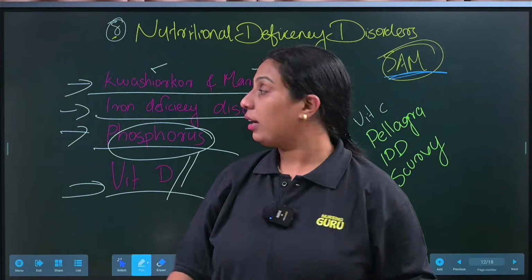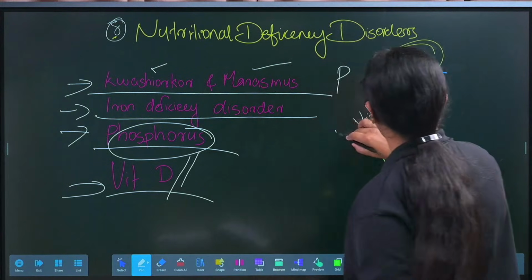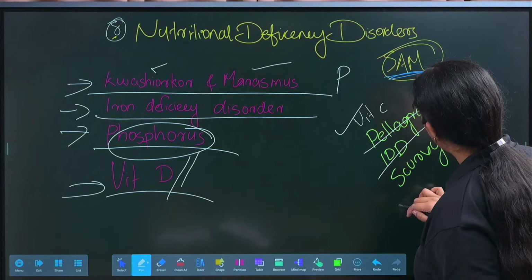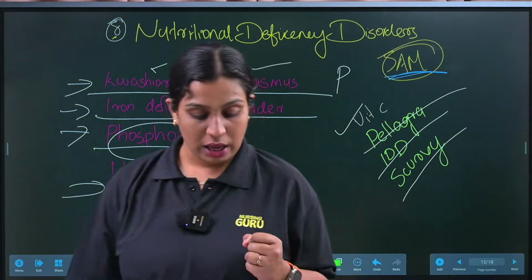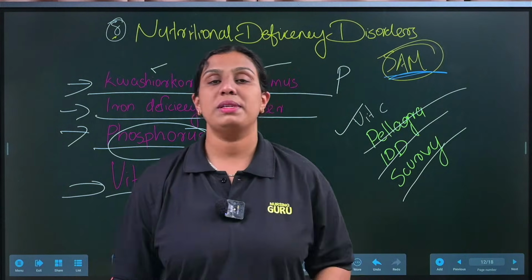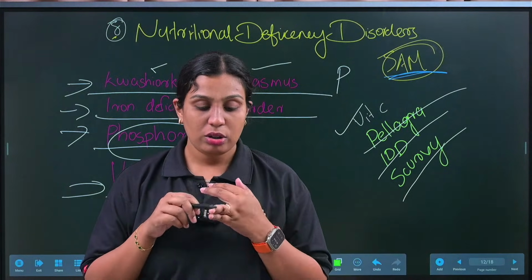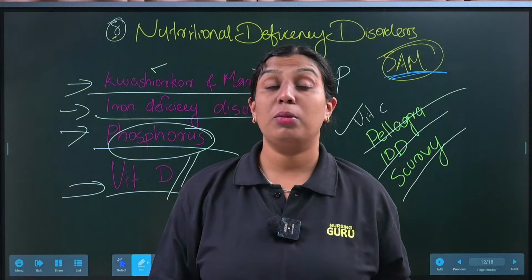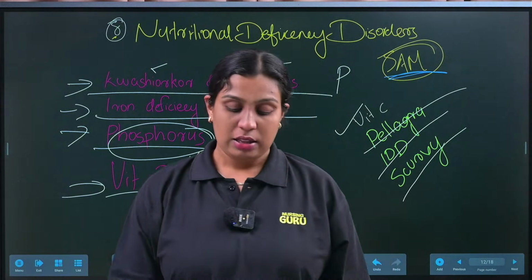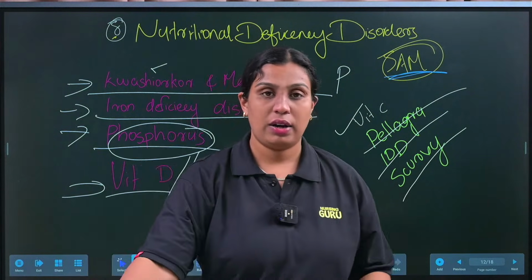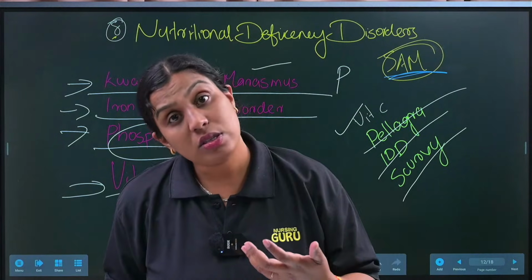Then next, pellagra, scurvy, then calcium deficiency, obesity, hyperkalemia, then metabolic anemia, that is an area. Then osteomalacia, what is osteomalacia? The causes of anemia.